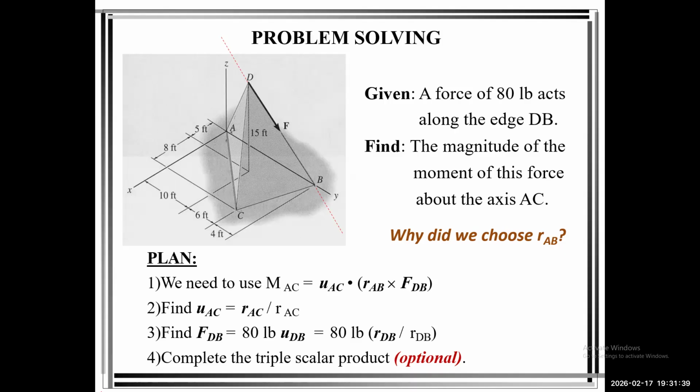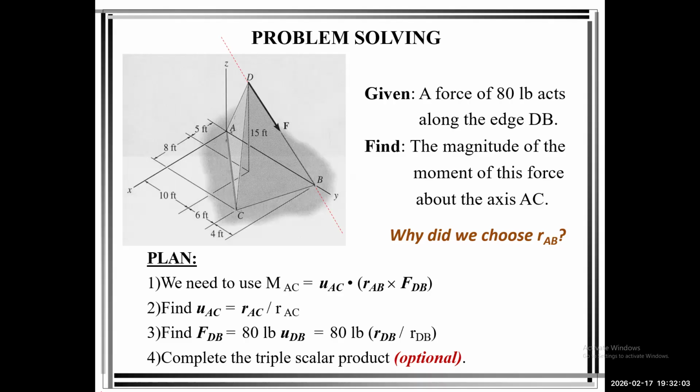DA and DC? There are three lines actually. Give me three of them. So AB is one. Give me another one. No, AD. AC is not it. AC is the axis.